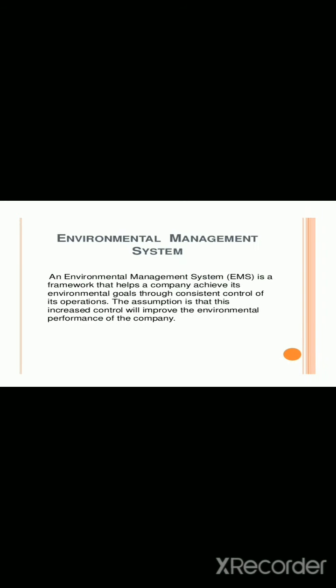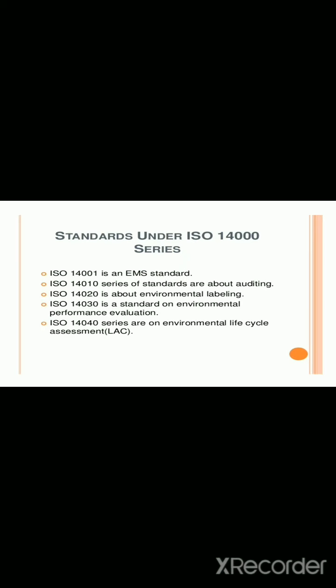An environmental management system, that is EMS, is a framework that helps a company achieve its environmental goals through consistent control of its operations. The assumption is that this increased control will improve the environmental performance of the company.